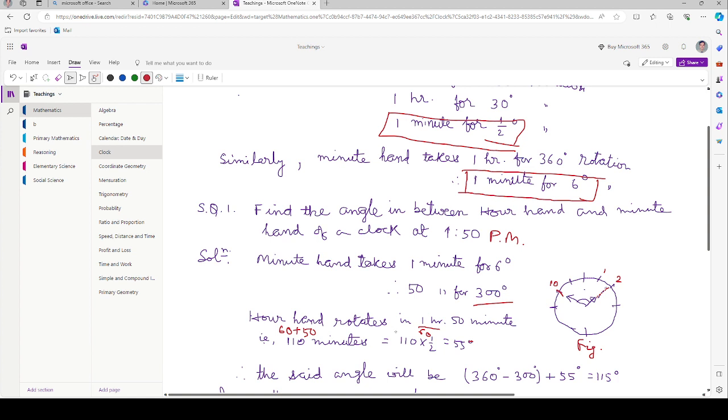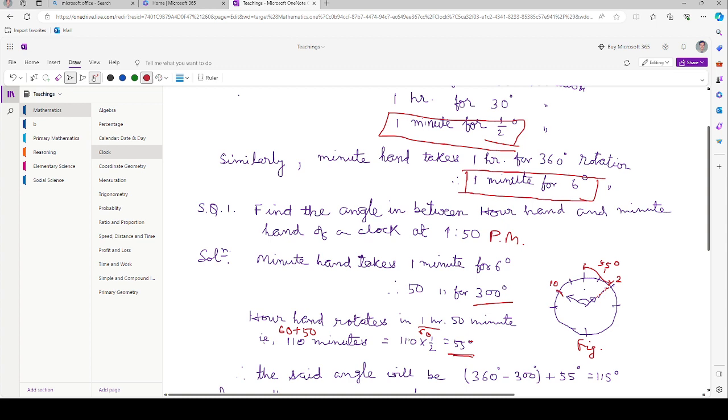So hour hand rotates in 1 hour 50 minutes equals 55 degrees. So hour hand comes here to here, it is 55 degrees.